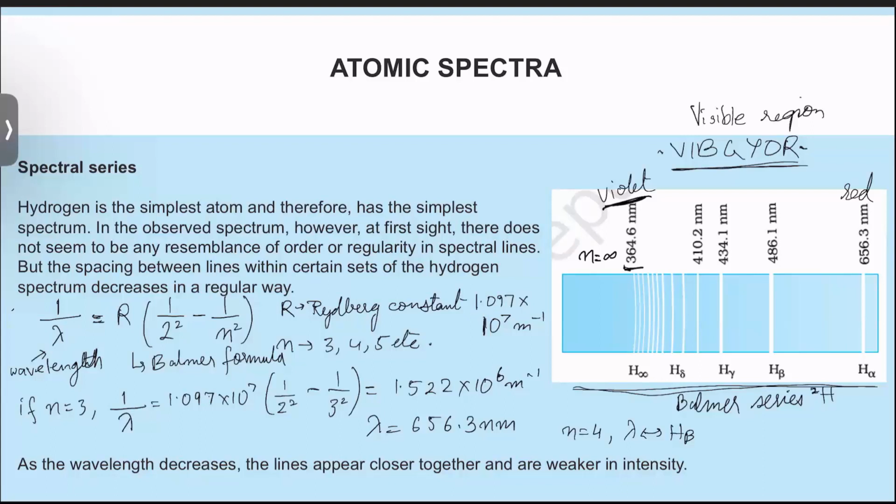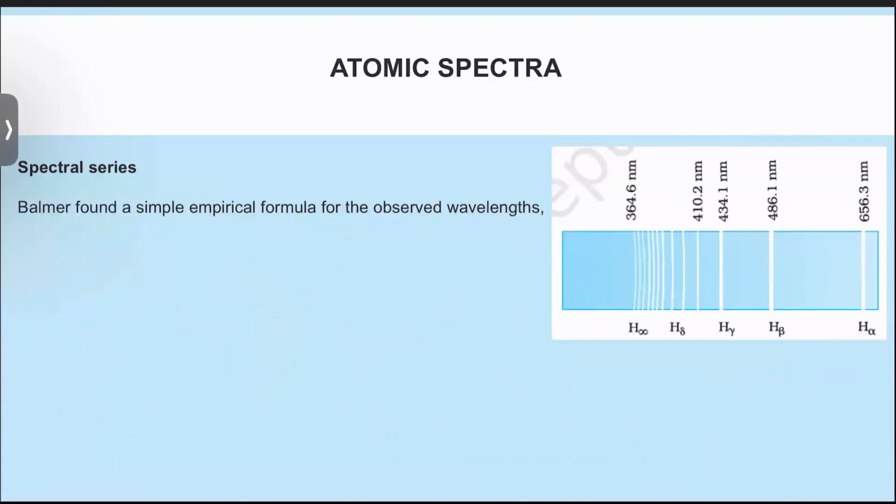This we found for n equal to 3, and this was n equal to 4. So this is how we get it for the Balmer series, which I have already shown.